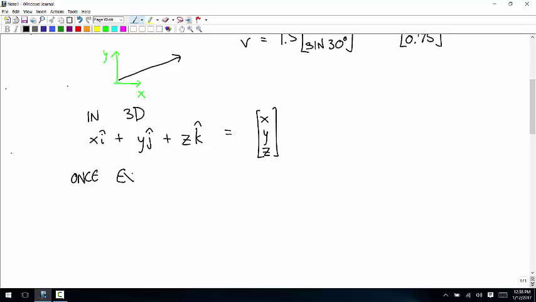Once you express the vector in components, it's easy to do math with it.